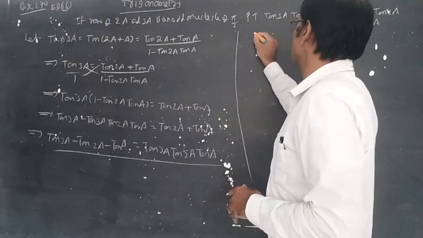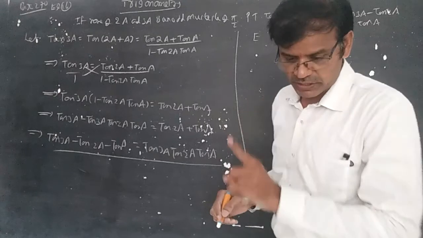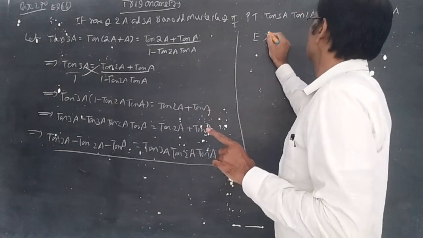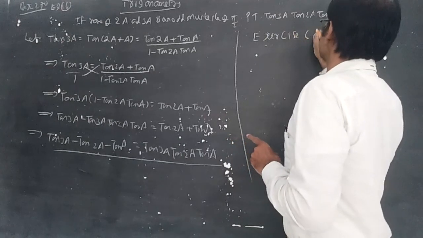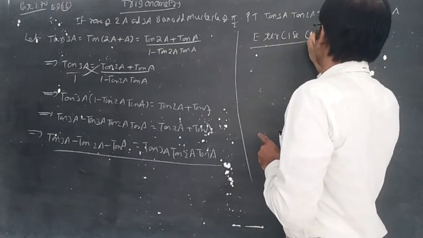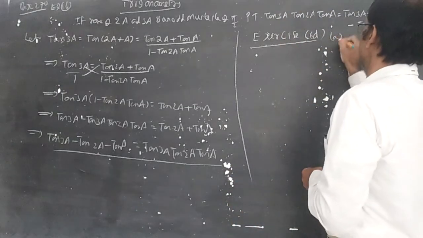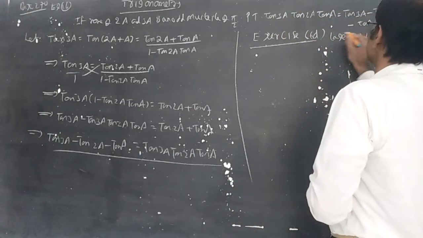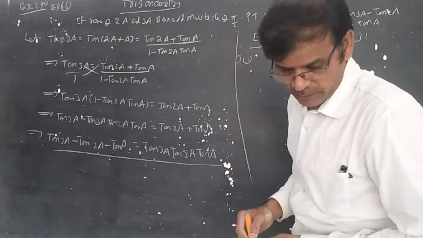Today, only 2 sums we can discuss. Exercise 6D in mathematics 1A textbook, page number 271, Roman number 1, first sum.